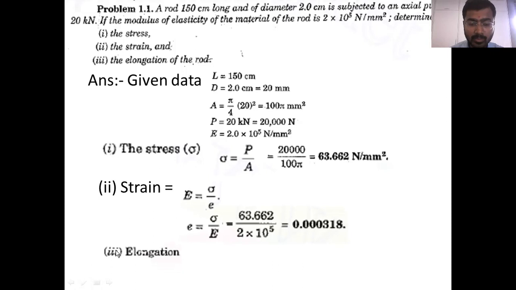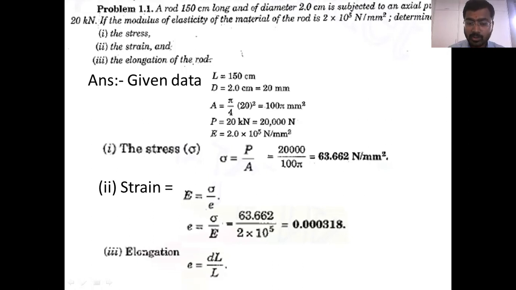Now let us go with our third one. We have to calculate what is the elongation of the rod. How can I calculate elongation? Can you tell me? If you want to calculate elongation, we have to talk about strain, because strain has change in its dimension to original dimension, or change in its length, or change in its width, or change in its diameter.